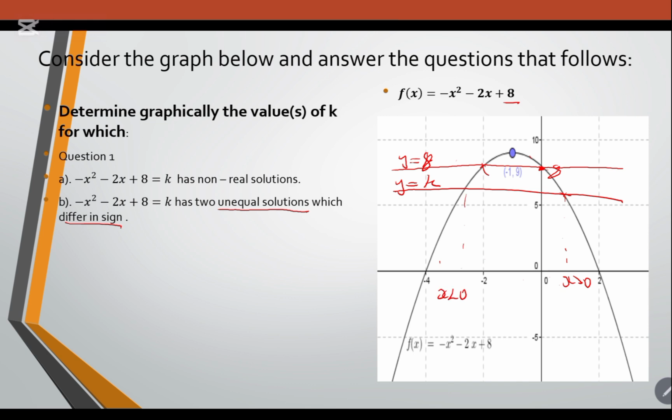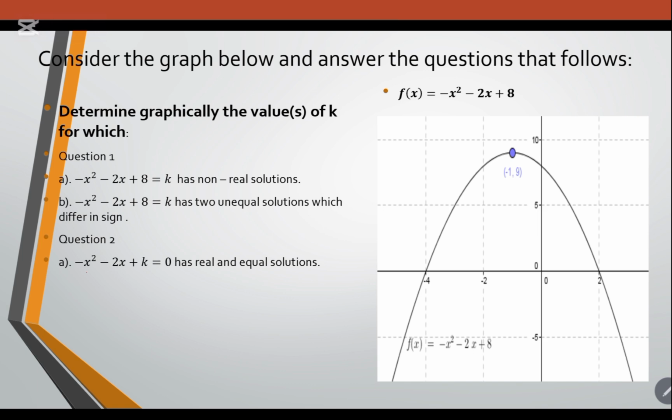So for as long as the value of k is a number below 8, this will have unequal solutions which differ in signs. Therefore we simply say k is a number less than 8. So that is our solution.